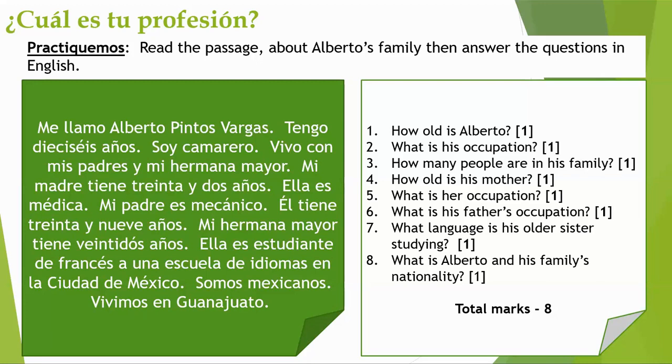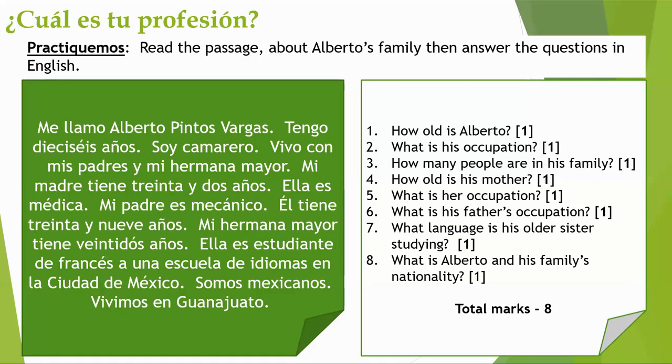Uzziah, you can take this one. What is his father's occupation? Occupation is a mechanic. Yes. Mr. Kawal Ram, you can take this one. What language is his older sister studying? She is studying French. Yes. And Miss Colbrook, take the last question.